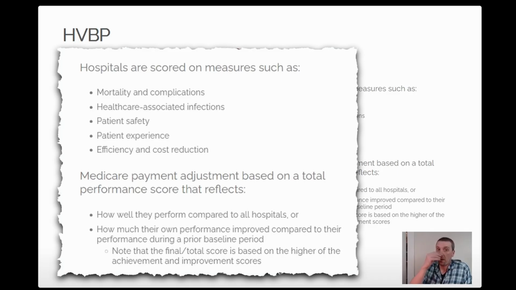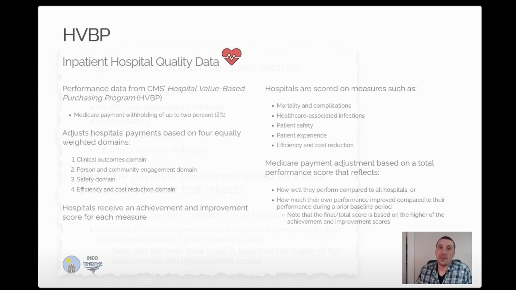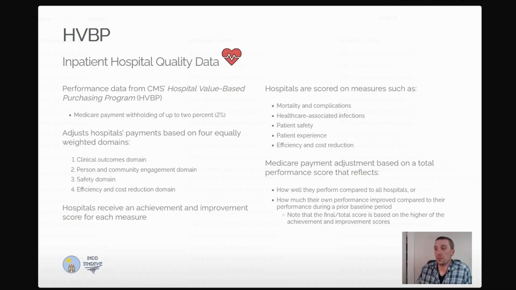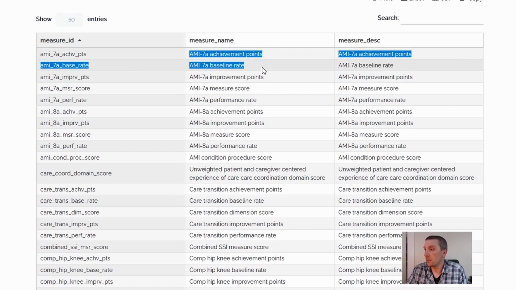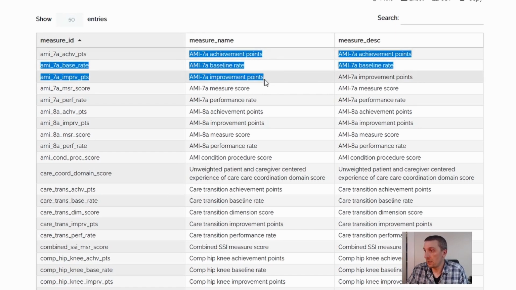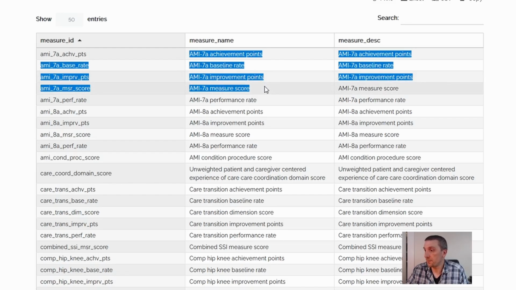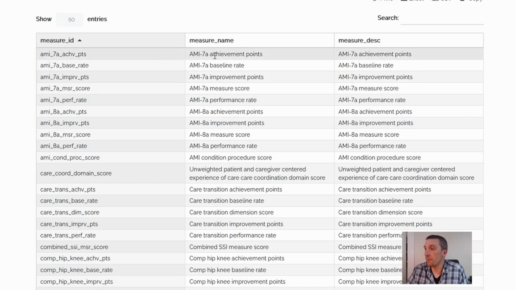So these are the things that make up many of the other data sets that CMS releases for inpatient hospitals. Here you can see achievement points, baseline rate, improvement points, and then the raw scores. So again, achievement is compared to other hospitals.